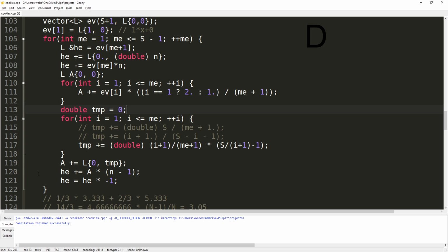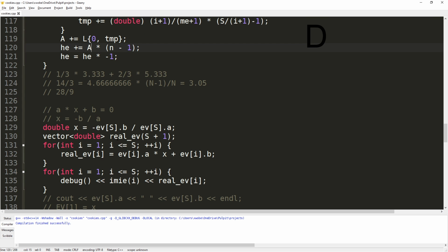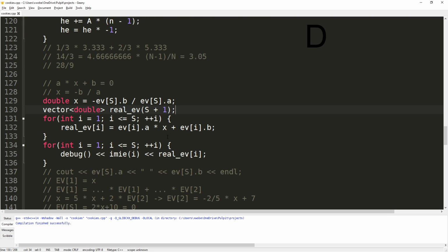And let's see if my program agrees, because I can print not only that, also this.